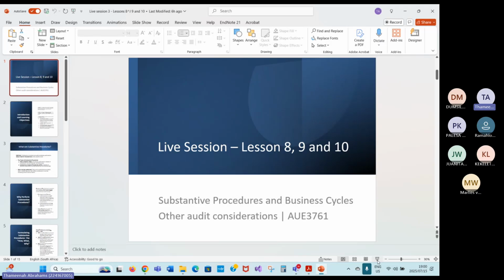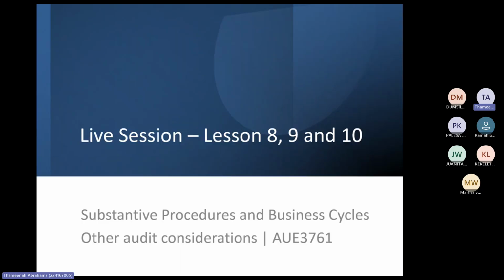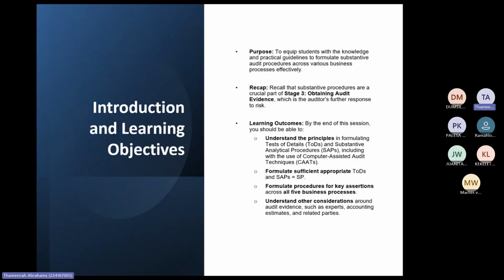So like I said, we're doing this live session, which is number 3, and we're going to do substantive procedures, business cycles, and other audit considerations. The purpose is basically to equip all of you with the knowledge and practical guidelines to formulate substantive audit procedures across the various business cycles, right?